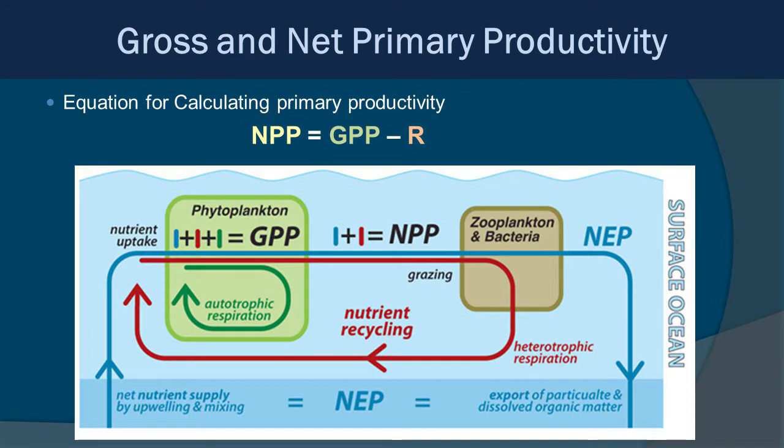Now we can put this in an equation, and here it is. NPP, net primary productivity, equals gross primary productivity minus R, which is respiration. Now in the graphic below, it kind of goes through what this process looks like. We of course have our phytoplankton right there in the green box to the left. And if you notice there, it's getting inputs from a few things. First of all, it's getting a supply of nutrients from upwelling.